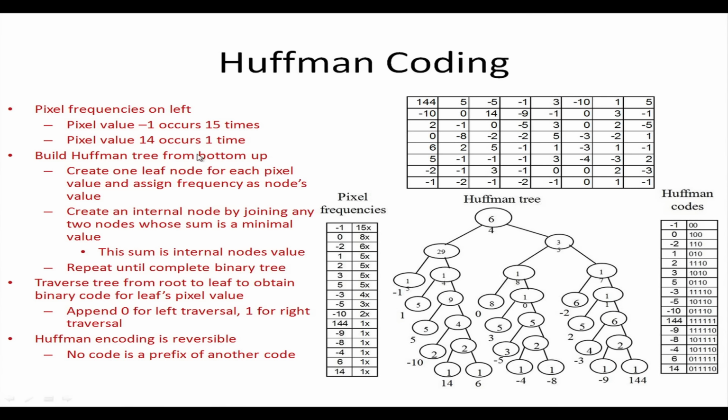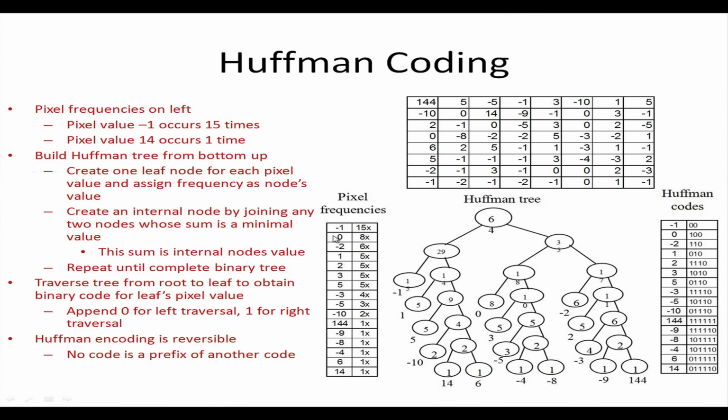Now we will build the Huffman tree in a bottom up fashion. This is the Huffman tree. It is sort of a heap. How do you do that? Create one leaf node for each pixel value, for each of them 1, 2, 3, up to 16.